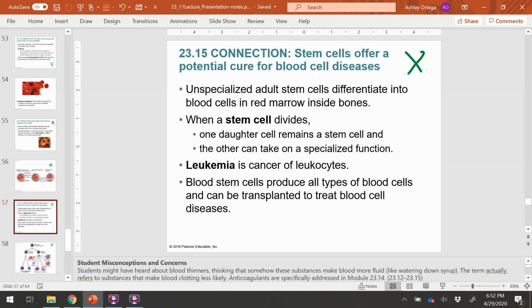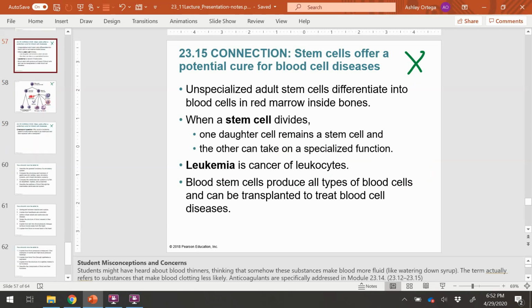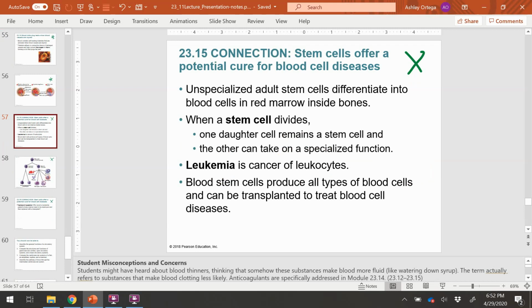In this last section, it connects the idea of stem cells. Blood is made in the bone marrow. Bone marrow contains stem cells that divide and make different blood cells, like red blood cells and different white blood cells.